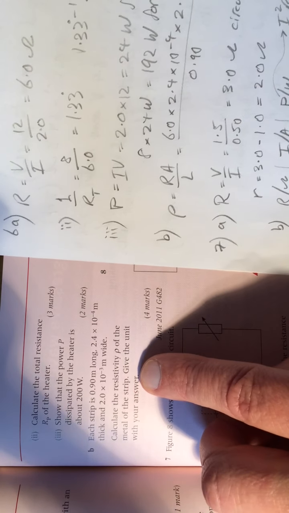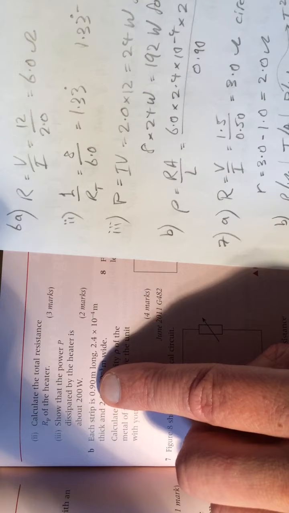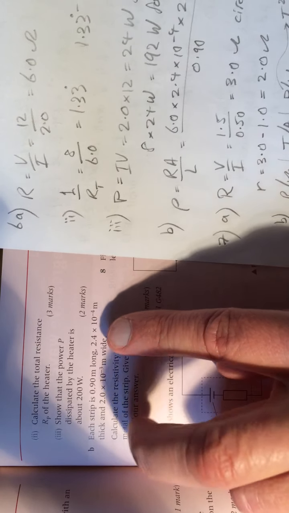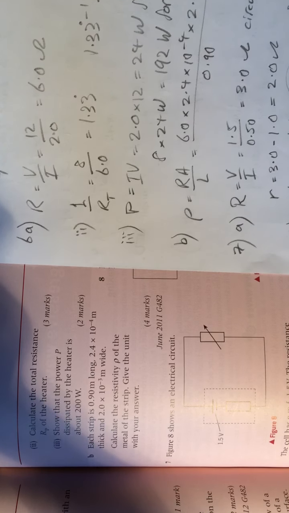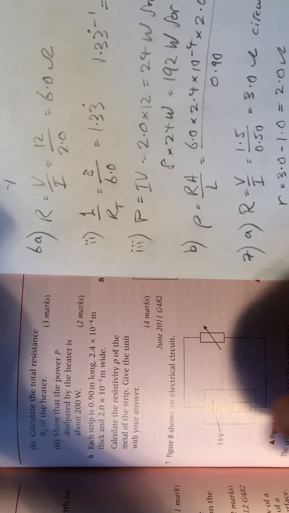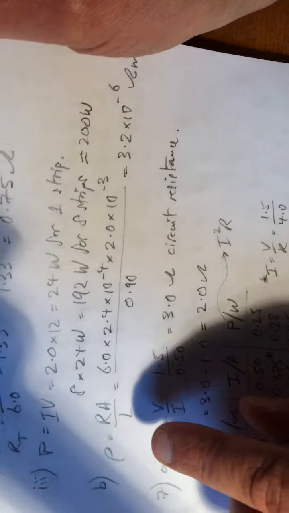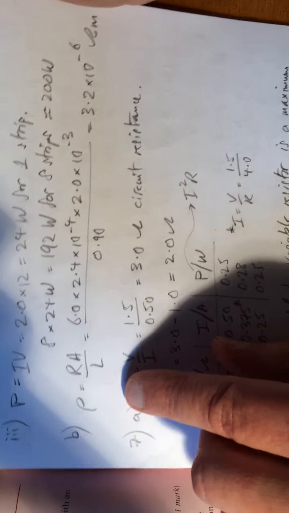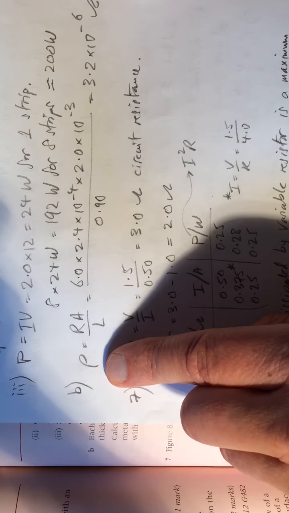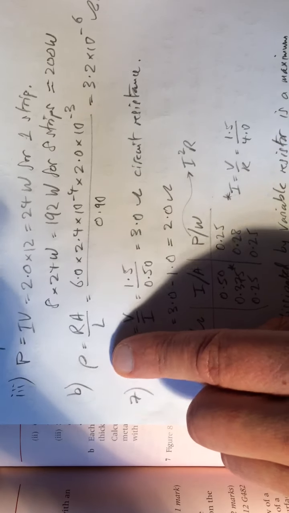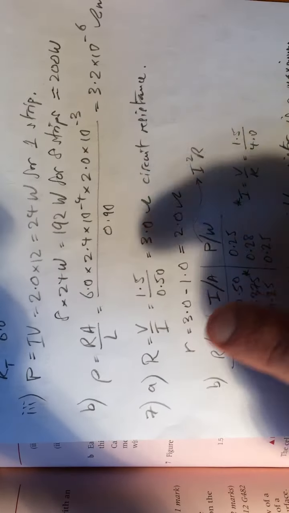And calculate the resistivity. You've got the length, you've got the thickness and the width, which will give you the cross-sectional area. And we've just calculated the resistance of one of them. So use that. So you take your resistance equation from the data sheet and you rearrange it. Do the rearranging first, don't put the numbers in.